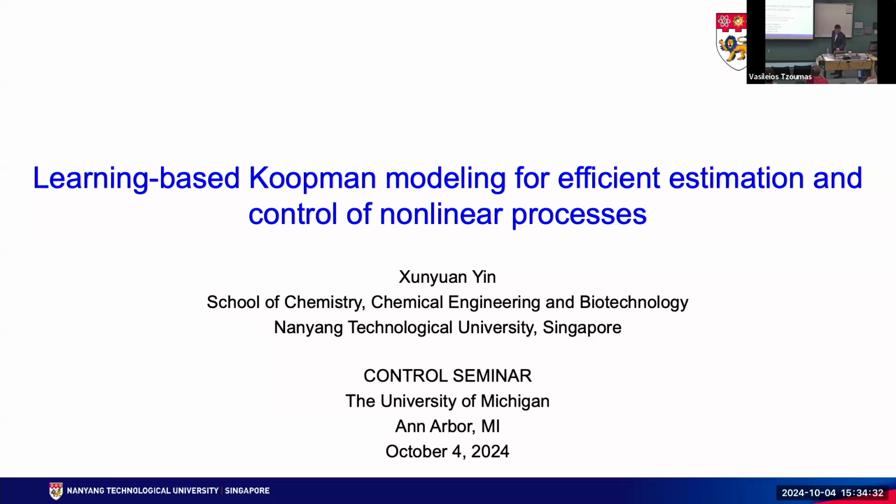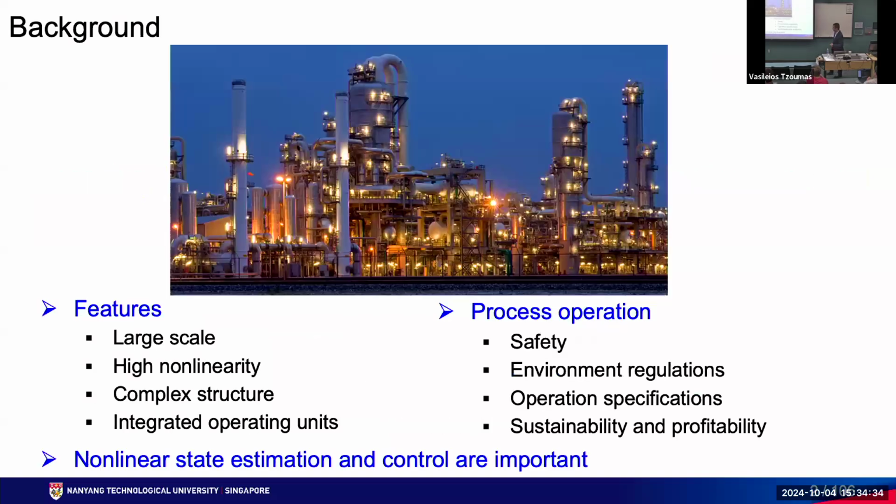I will begin with introducing some of the details. First is the background. We work with those factories. We focus on the modeling and advanced control of industrial processes, including but not limited to petrochemical processes, biological systems, water systems, among many others. These systems have something in common.